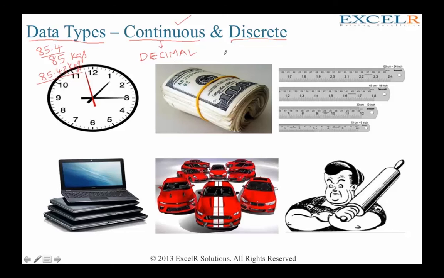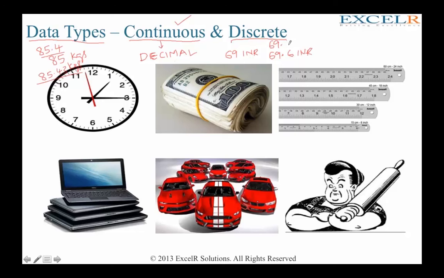Your price, if you go to any gas station or petrol pump, 1 liter of petrol would cost you what, 69 rupees? If it says 69.6 rupees, still it makes sense for you.